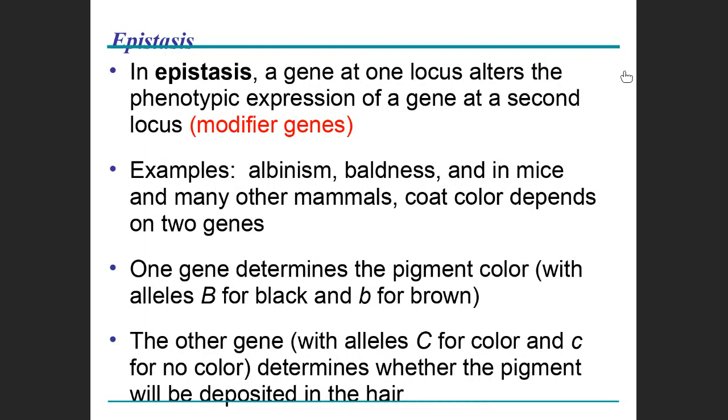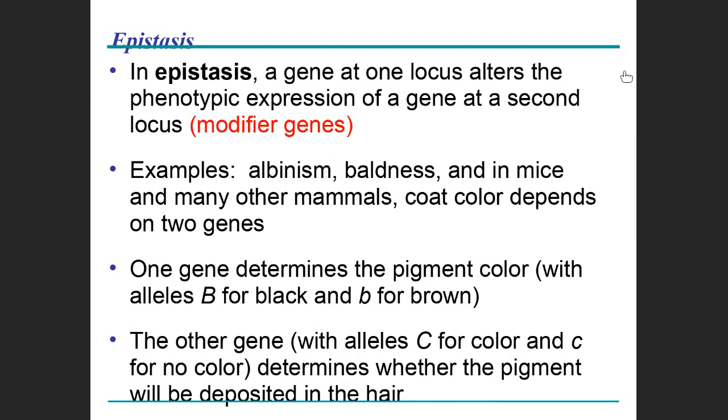So one gene is doing something to affect the expression of the phenotype that would be produced by that second gene. And so you may not see the actual phenotype because one gene is having an epistatic effect on another gene.